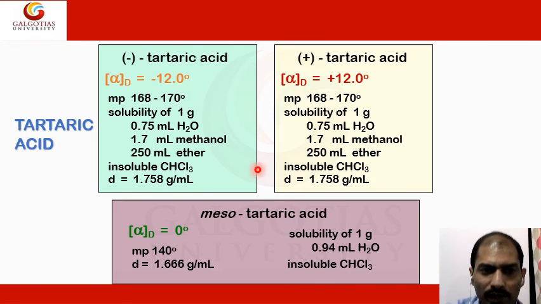In the case of the meso form of the same compound, the properties change a little bit. Here 0.75 ml is required, but for the meso form more ml of water is required. The melting point is also different, so the properties change in meso forms with respect to the different enantiomers.